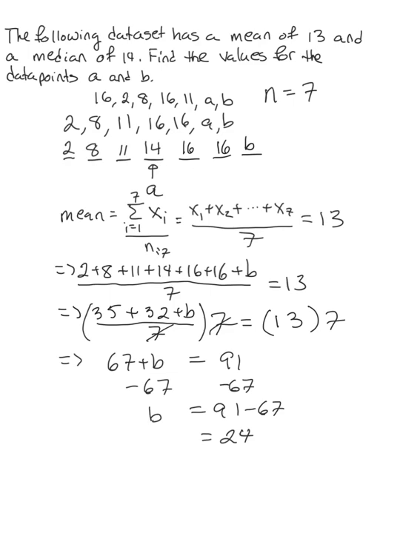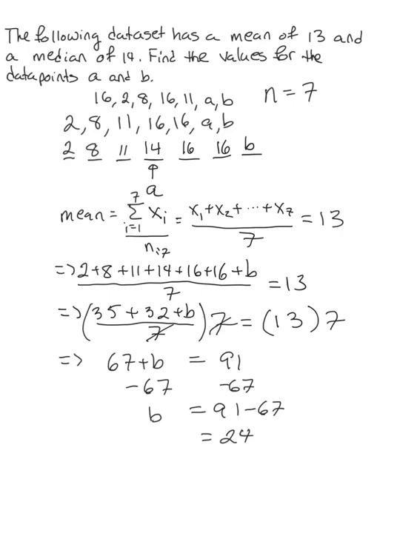So we started off with our data set with two unknowns. The first thing we had to realize was that we had an odd number of values, because if we had an even number of values, we would probably have to approach this problem in a slightly different fashion. And then from there, we noticed that we could automatically tell that one of our values was going to be a 14, because the median was 14 and we didn't have the median in our original data set.